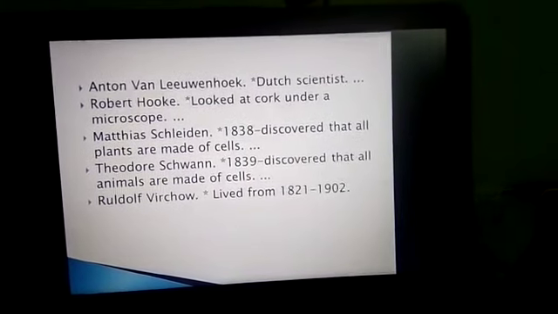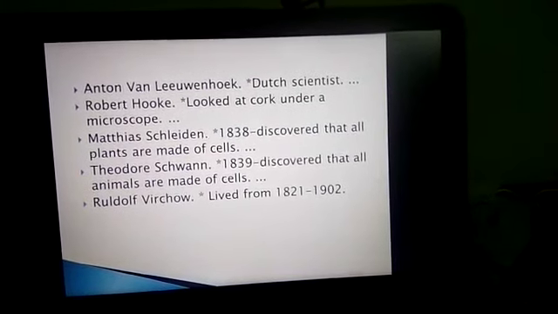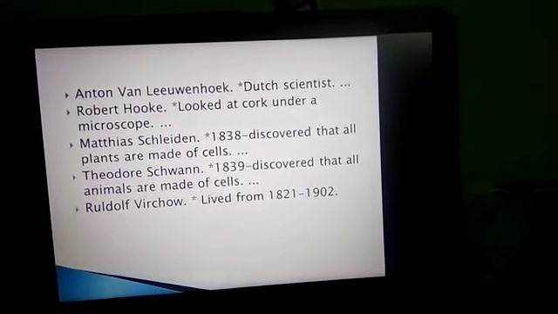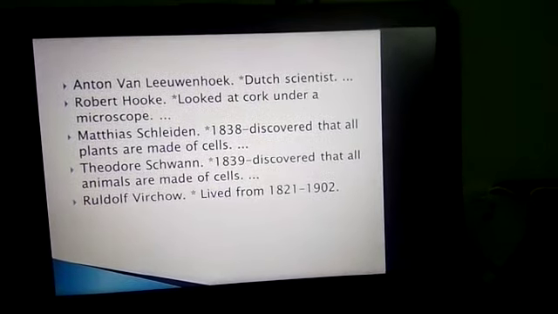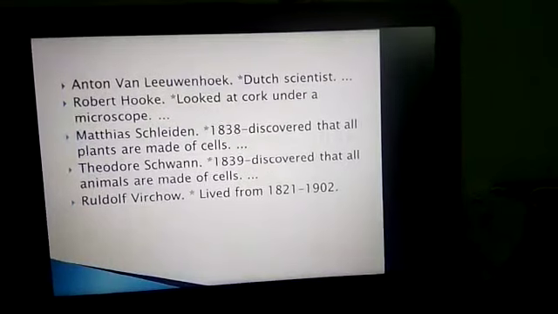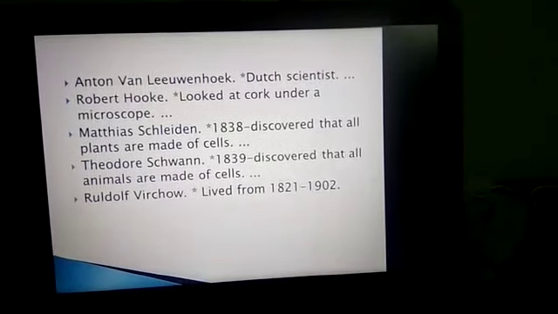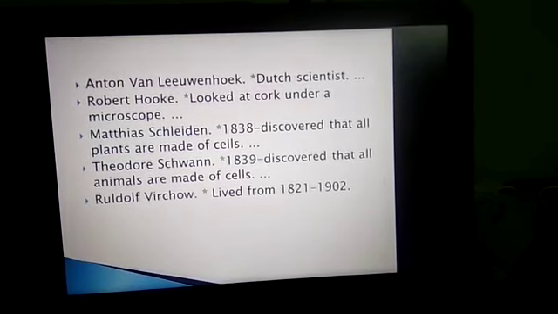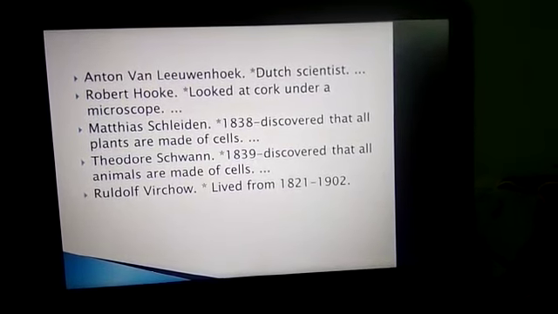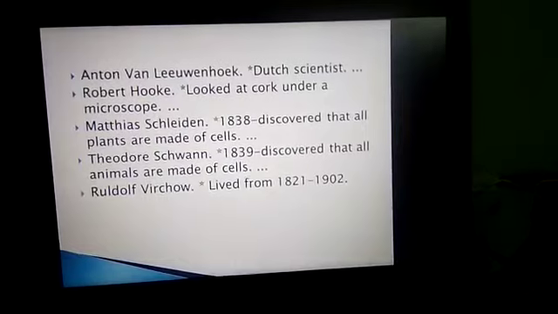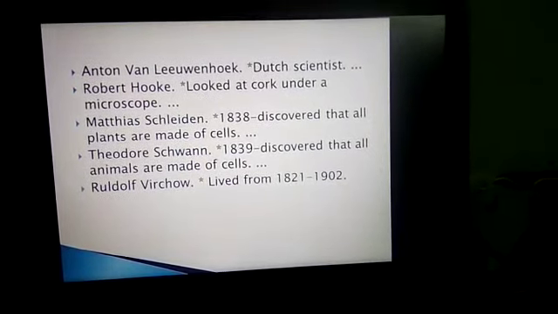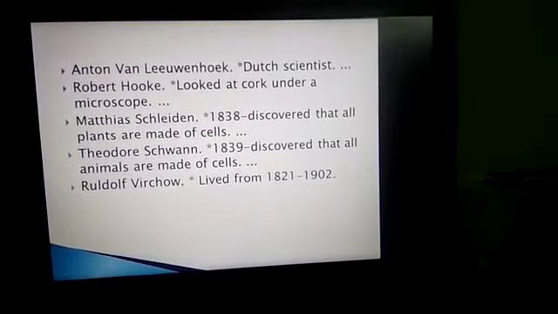These are the other scientists who studied cells. Anton van Leeuwenhoek is a Dutch scientist, and Robert Hooke looked at cork under a microscope. Matthias Schleiden discovered that plants are made up of cells. And Theodor Schwann discovered that animals are made up of cells.